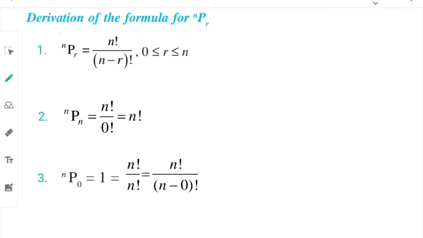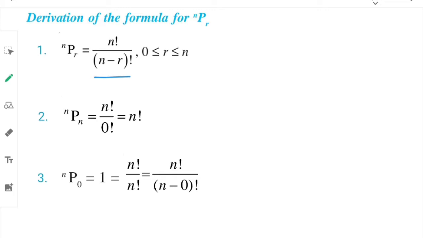First one, nPr. n is the number of objects and r is the number of elements to be selected. nPr is equal to n factorial by (n minus r) factorial, where r is greater than or equal to 0 and less than or equal to n.